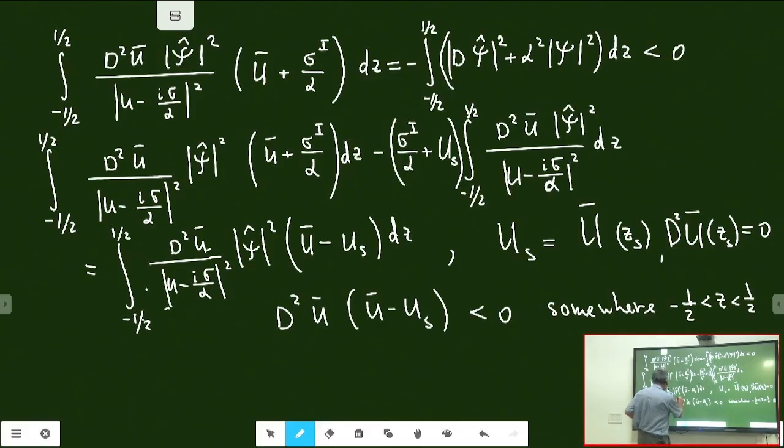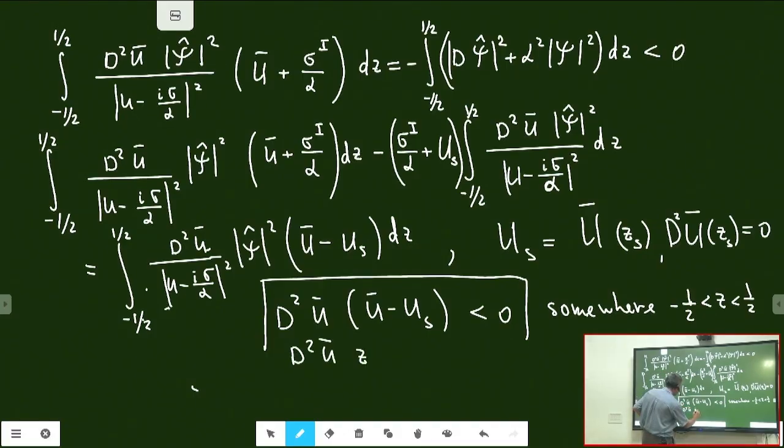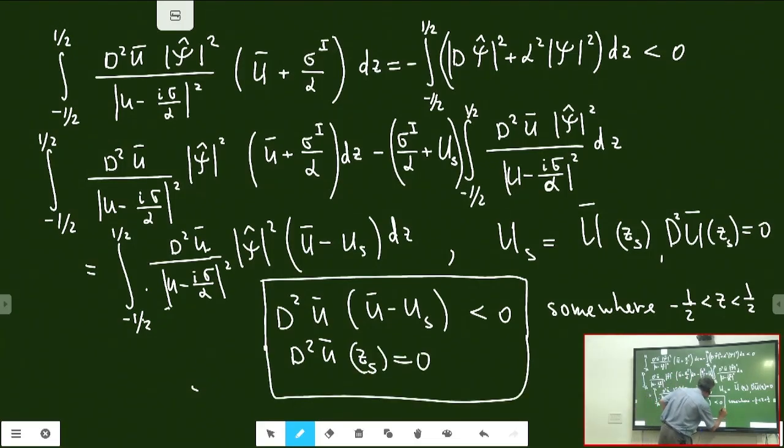So this is Rayleigh. So there is a point where the second derivative of the base flow is 0, and this is Fjortoft. Two conditions. If at least one of these conditions is not satisfied, then instability cannot set in.